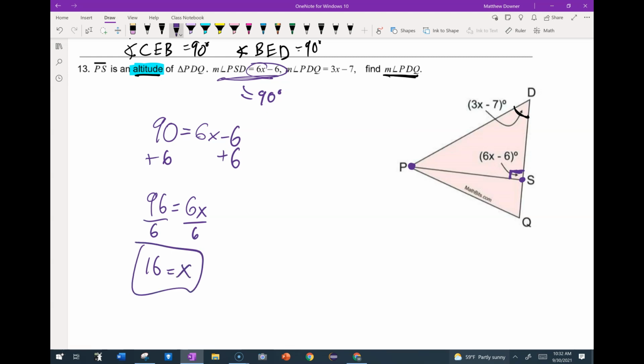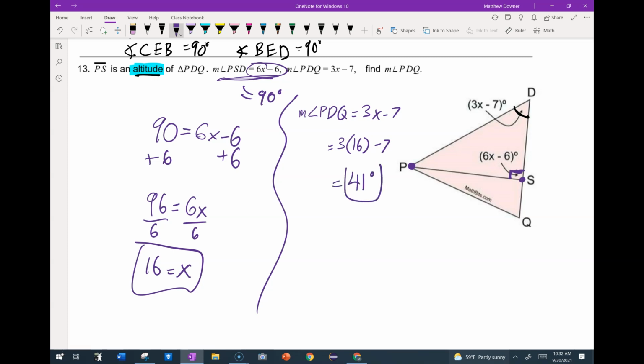That's a good start, but that's not exactly what I needed to finish this problem. I need to figure out what angle PDQ is. So I can take my value of x, and if I know that the measure of angle PDQ is represented by 3x minus 7, I can make a substitution for x and put in 16 there. So 3 times 16 is 48, minus 7 is going to be 41 degrees.